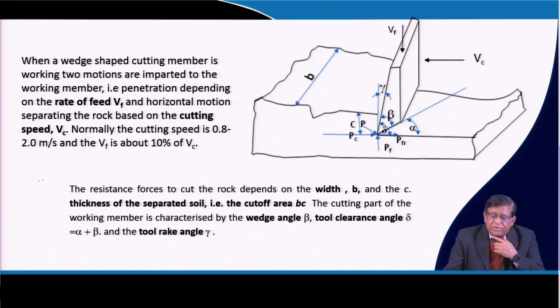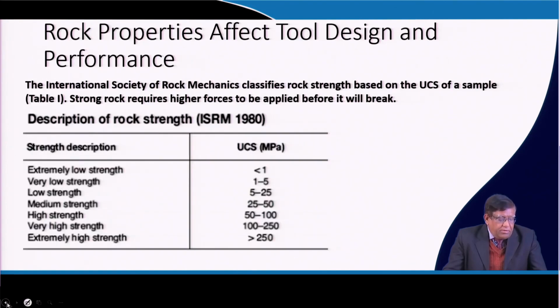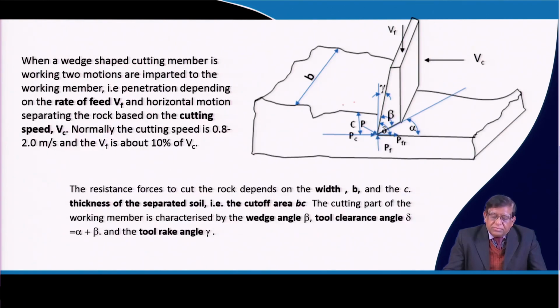If a dozer blade is there, how exactly are things happening? You can see in this figure that you have a vertical downward force. You can see this force coming over here, and this is the speed at which it is going.